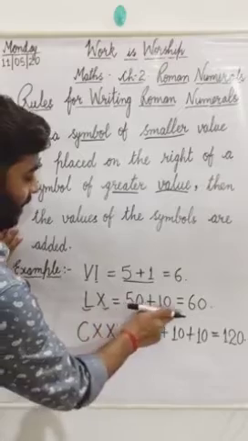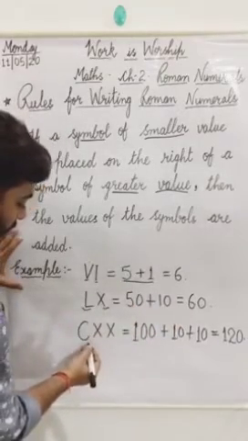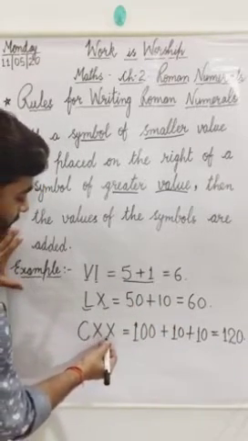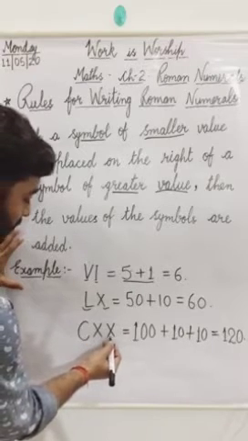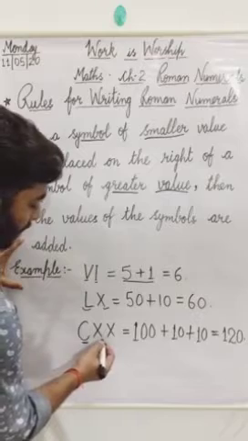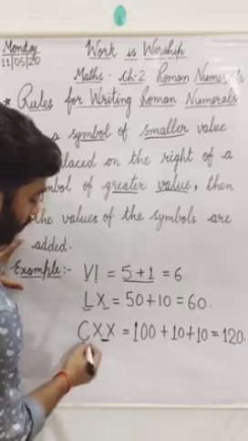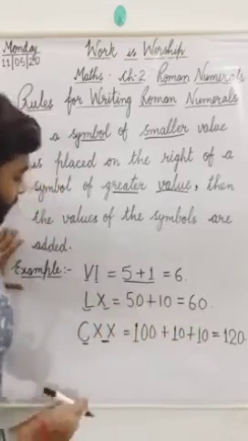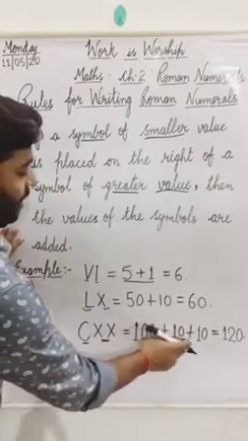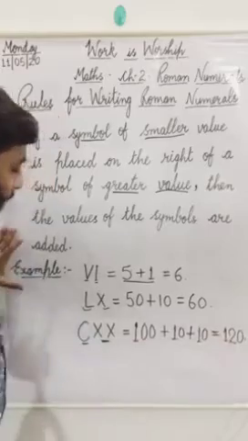Then 50 plus 10 is equal to 60. Look at third, C, X, X. C means 100, X means 10 and X means 10. So it is a greater value and these are smaller values. So 100 plus 10 plus 10 is equal to 120.